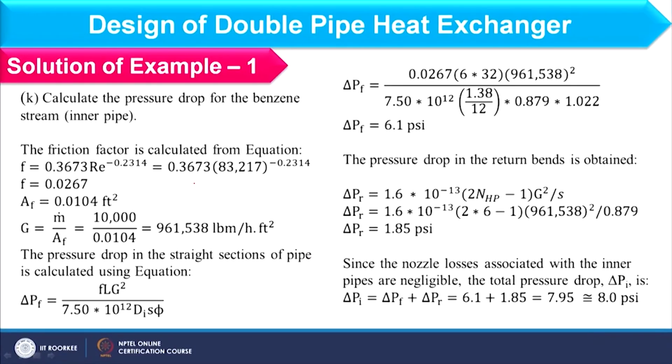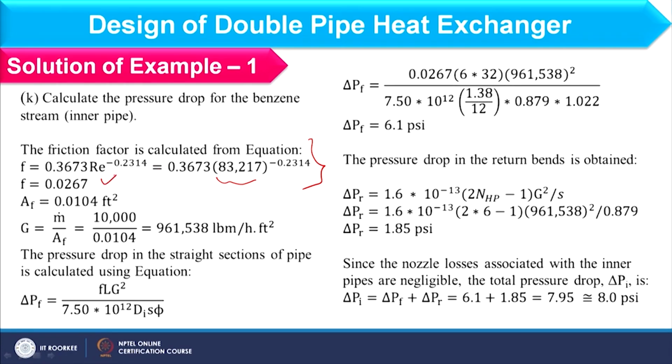Now, further we will focus on pressure drop calculations. First of all, we should focus on the pressure drop of the inner pipe, where the benzene stream is available. For that purpose we can calculate the friction factor first. That expression we have already discussed in the last lecture. Corresponding to the Reynolds number you can choose the f factor. In this case the Reynolds number is 83,217 and other parameters are not required.